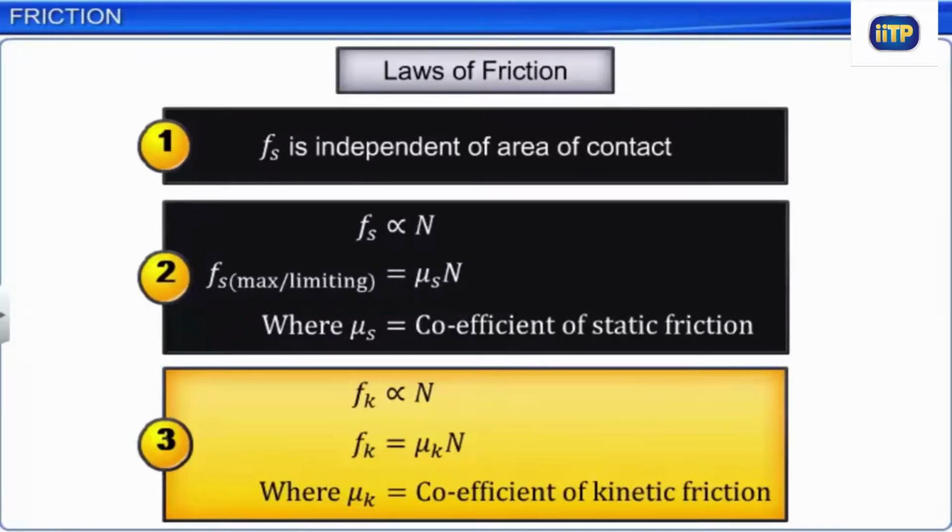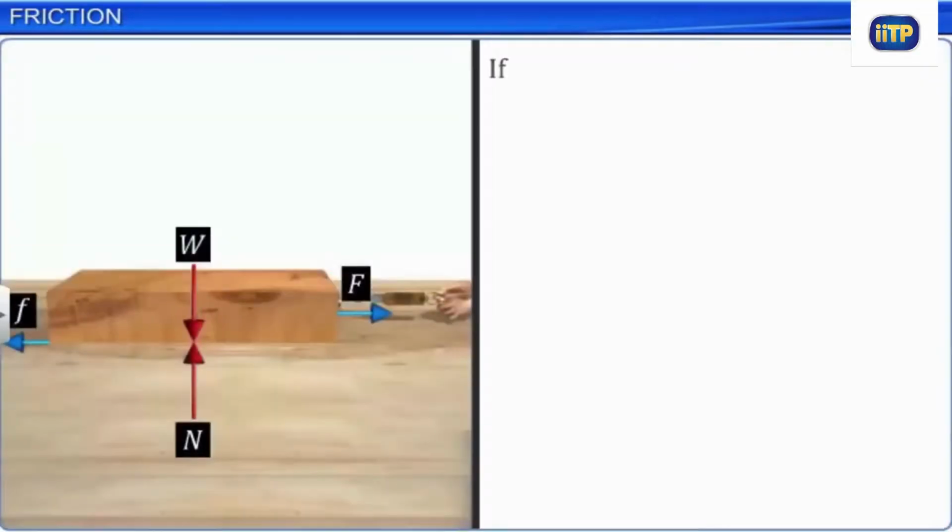If the force F applied on the block is greater than the friction Fk, then the net force on the block is F minus Fk, and the acceleration a of the block is the ratio of the net force on the block to its mass.